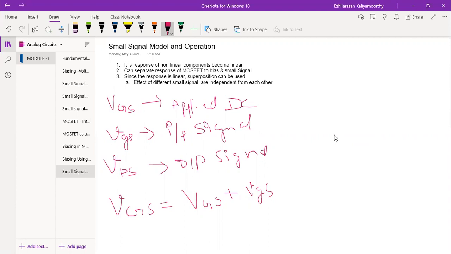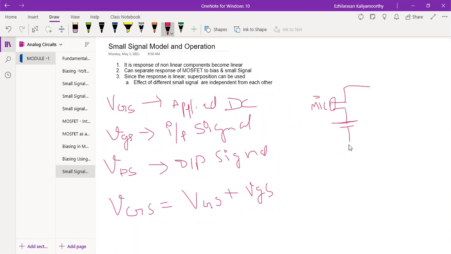If we give a small amount of voice, it will amplify the voice and you can listen to it in the speaker. Normally you have the DC, and the small AC signal from the microphone is applied on top of the DC.